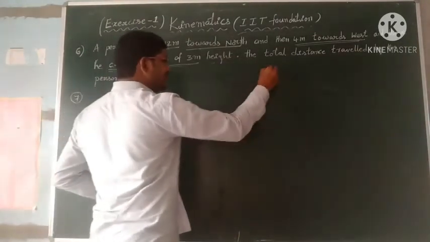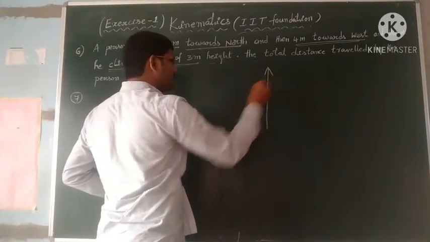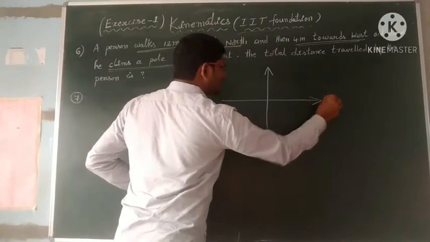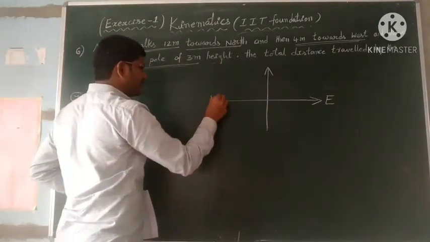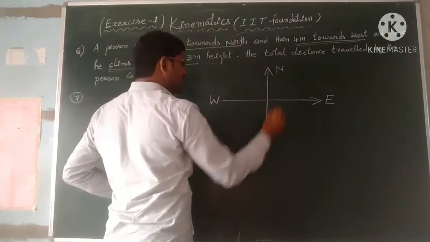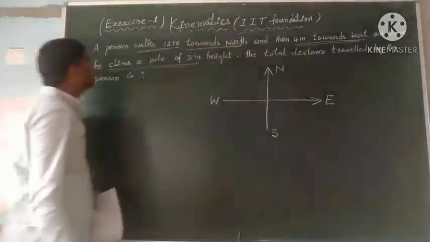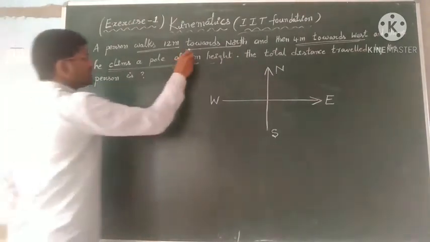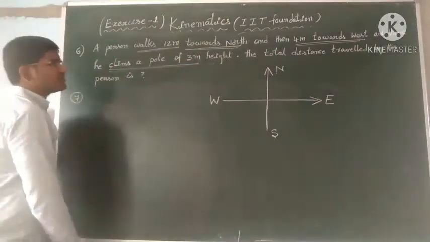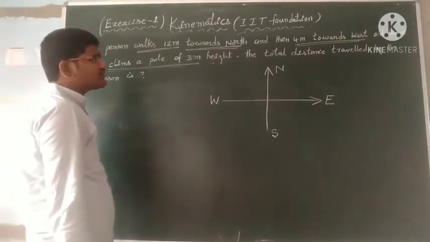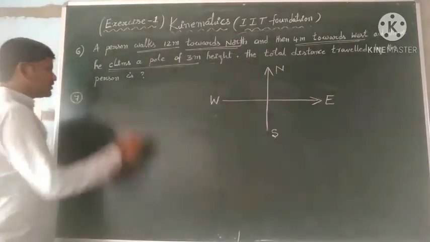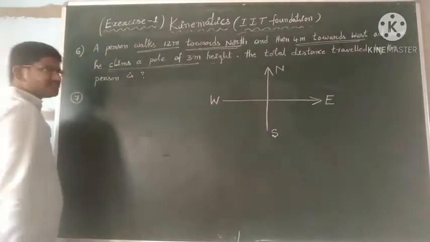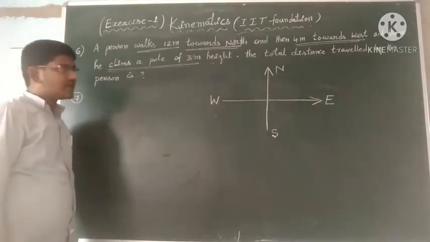See students, this is east, west, north, south. Now a person walks 12 meters towards north and then 4 meters towards west. That's the question. Now it will be like a cuboid we will get.